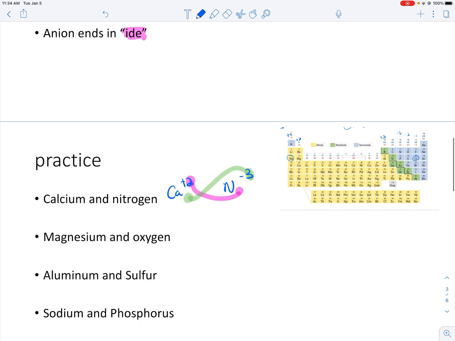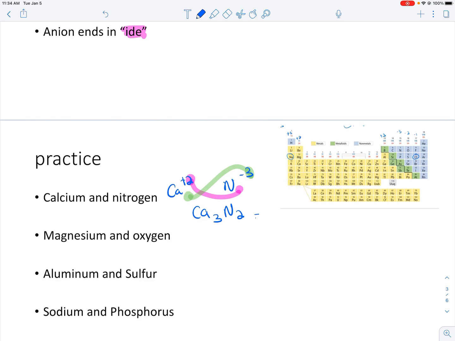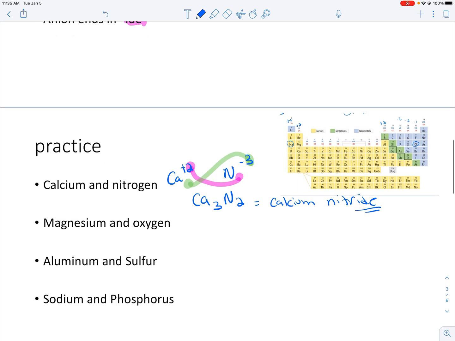So my formula is going to be Ca3N2. And I'm going to name that, the cation keeps its name, so it's calcium nitride. The ending will always end in IDE because the anion changes with an IDE ending.